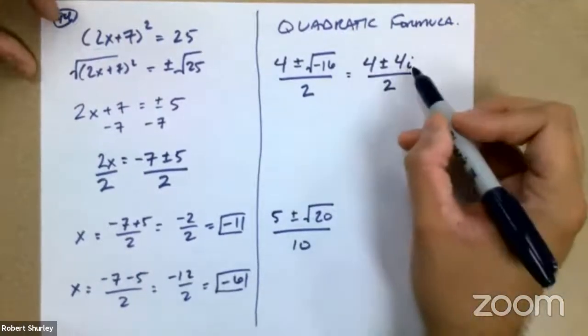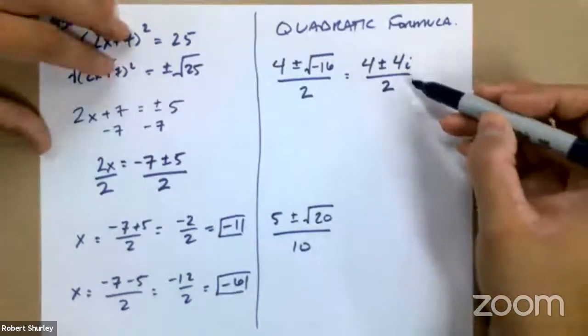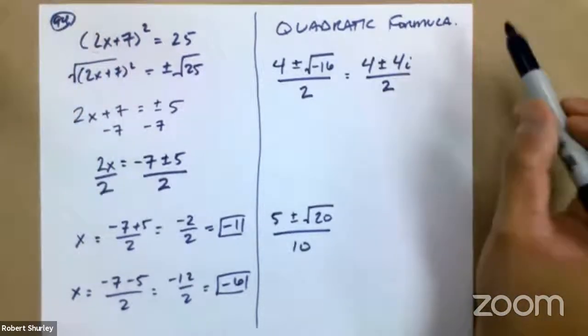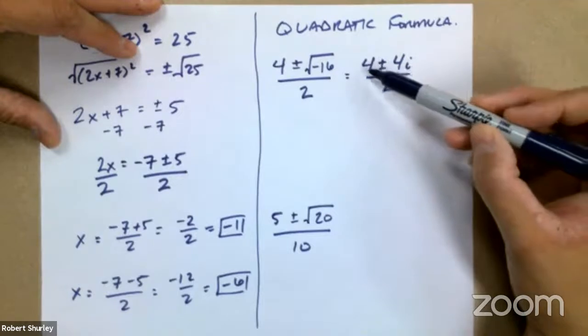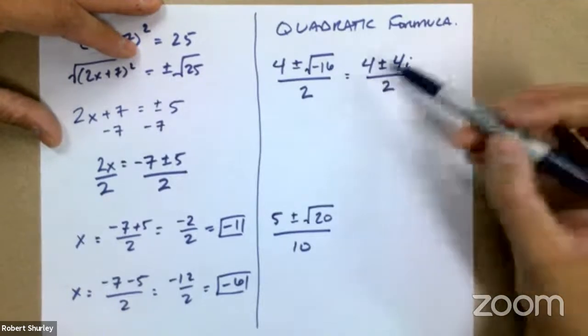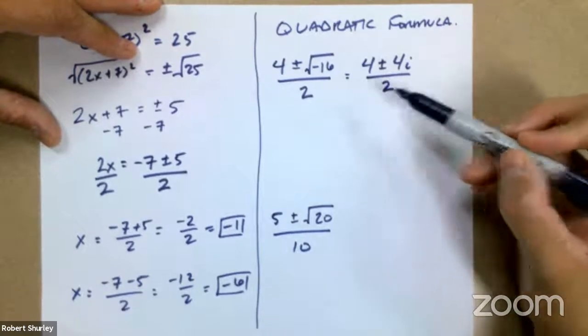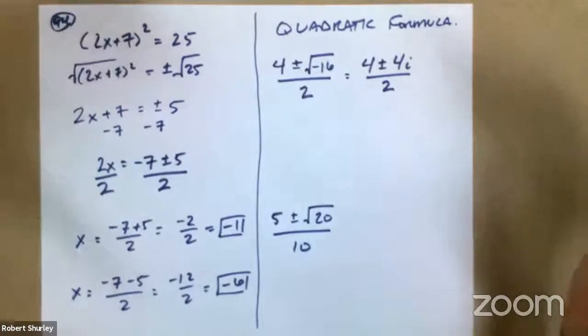Now look, we can't add these numerators. This is a real number, the 4. This is an imaginary number, the 4i. They don't mix, okay? You've got to keep them separate. But if you look at the coefficient 4, the constant 4, and the 2, all 3 of those are divisible by 2. You have to make sure that every single number is divisible by the same number.